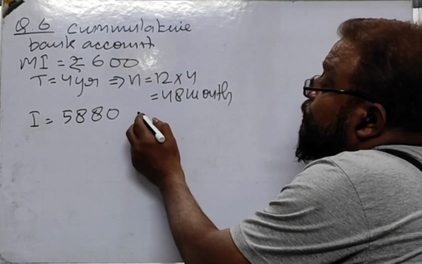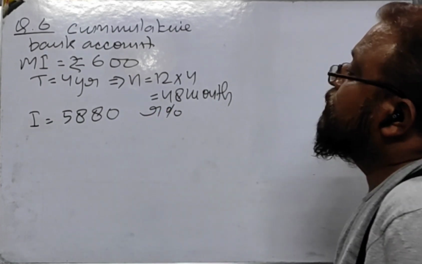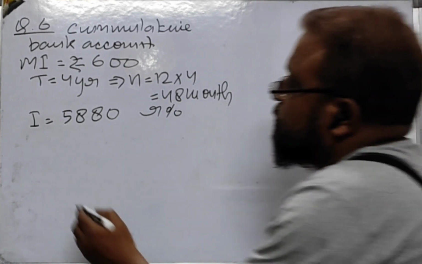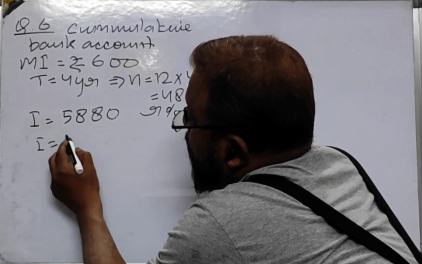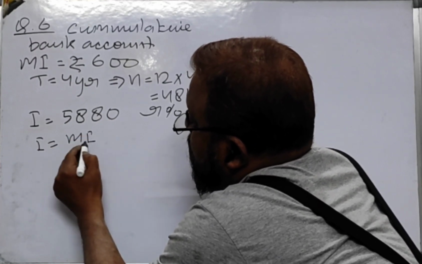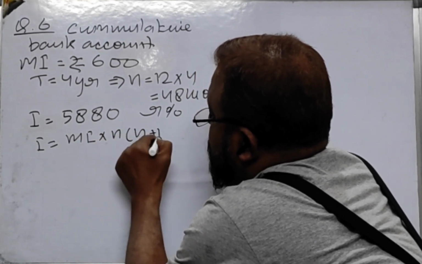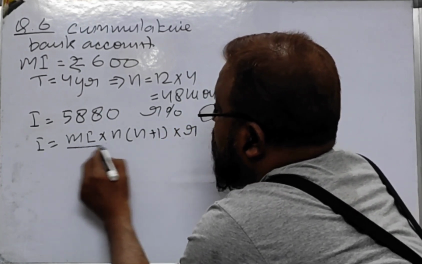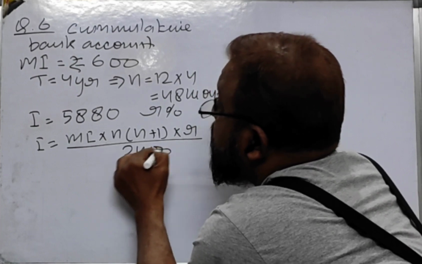So we have to find rate of interest. Okay. So interest is equal to MI into N bracket N plus 1 into R upon 2400, something like this.